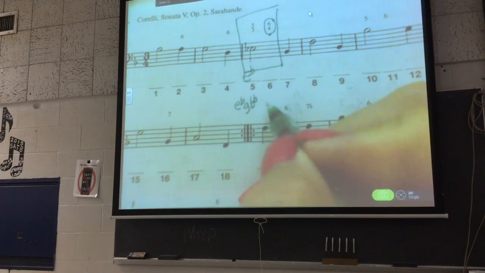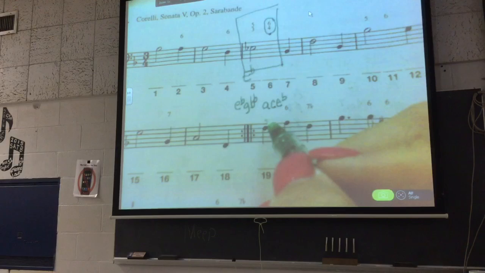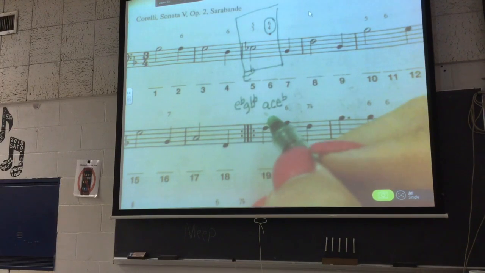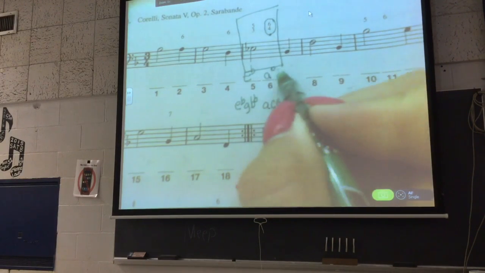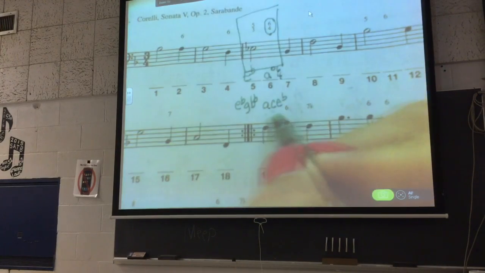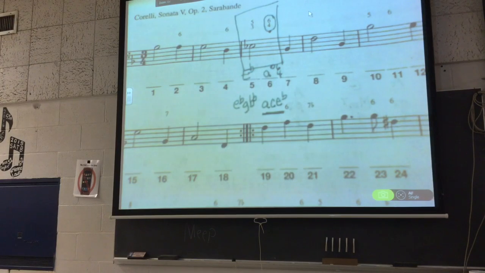It must be A, C, E flat. I can't use A flat or C flat because the key signature doesn't say to. So I now have an A diminished 6-4 because of that. If that doesn't make sense, we will discuss it tomorrow and clarify some things.